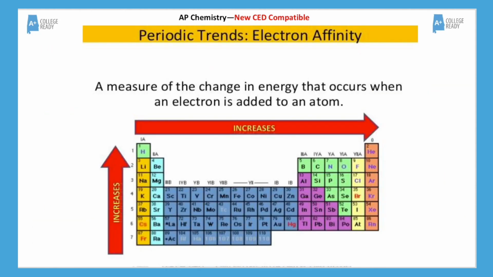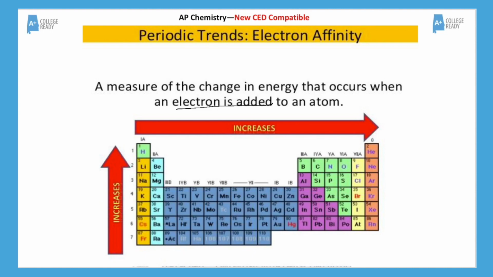All right, the next periodic trend doesn't usually come up very much, but it's really the opposite of ionization energy. Remember, ionization energy is the energy we have to add to remove an electron. Electron affinity is the change in energy that occurs when an electron is added. So we're not taking away electrons, we're actually adding them.